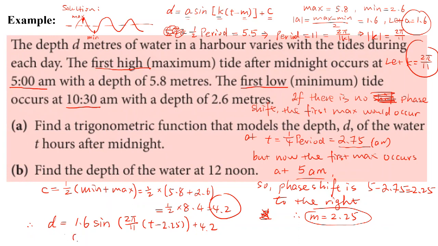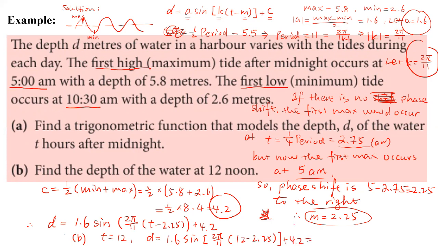Next, question B wants us to find the depth of the water at 12 noon. At 12 noon, that means t is 12, right? So let's put t equals 12 in that function: 1.6 sine of 2 pi over 11 times (12 minus 2.25), plus 4.2.